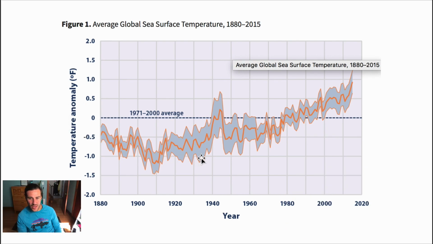So we can see that before the year 2000, the temperature was mostly near this average, but after, actually it's more like the 90s, after 1990, you have these temperatures that exceed this average over here. So clearly the temperature of our oceans are warming up.